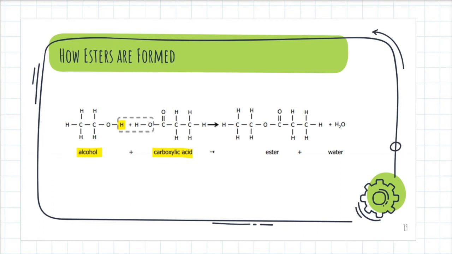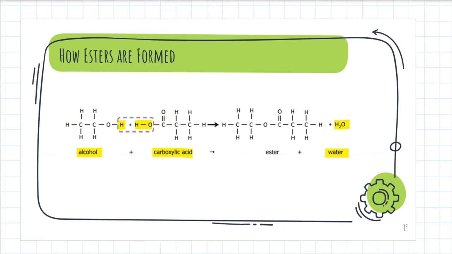The hydroxyl group is the functional group of the alcohol. The carboxylic acid will lose an OH, which is part of its functional group called the carboxyl. This hydrogen atom from the alcohol and the OH from the carboxylic acid will react together to form a byproduct, H2O, which is just water.